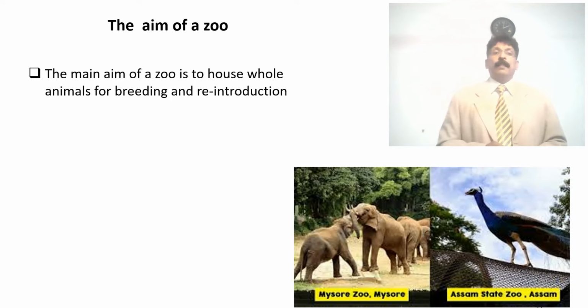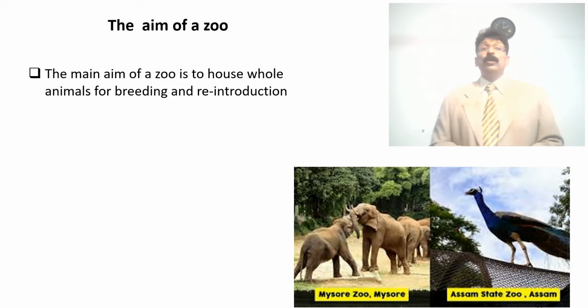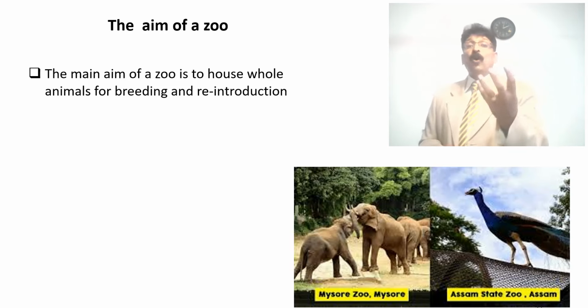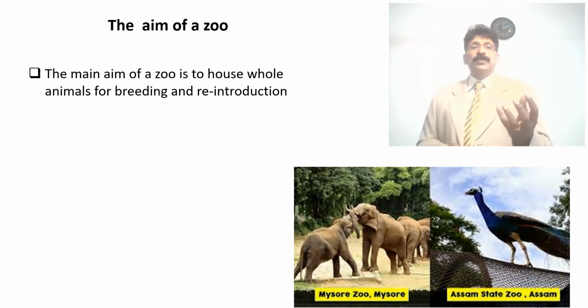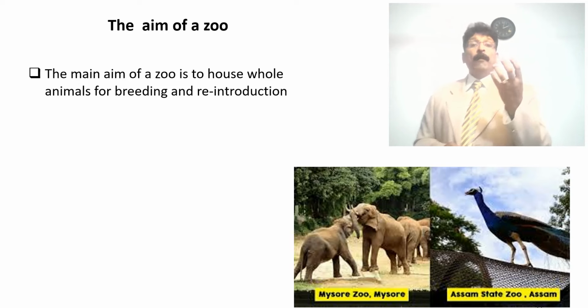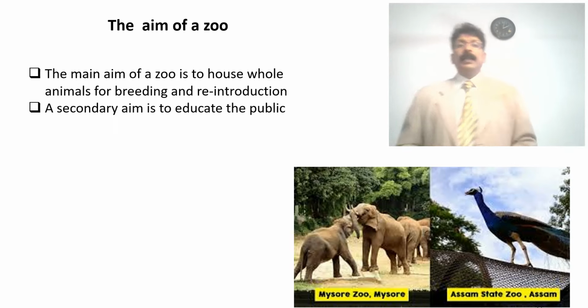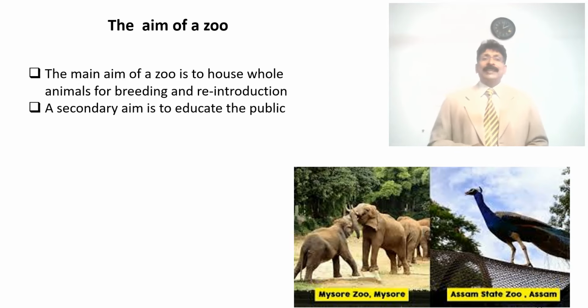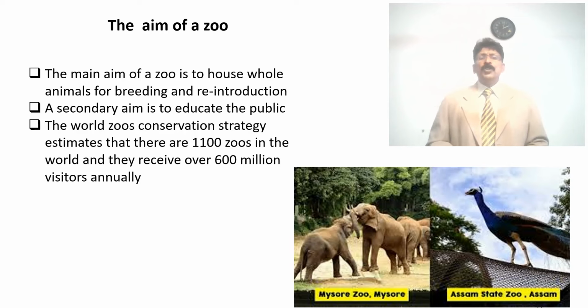The aim of the zoo is to house animals for breeding and reintroduction. A second aim is to educate the public.